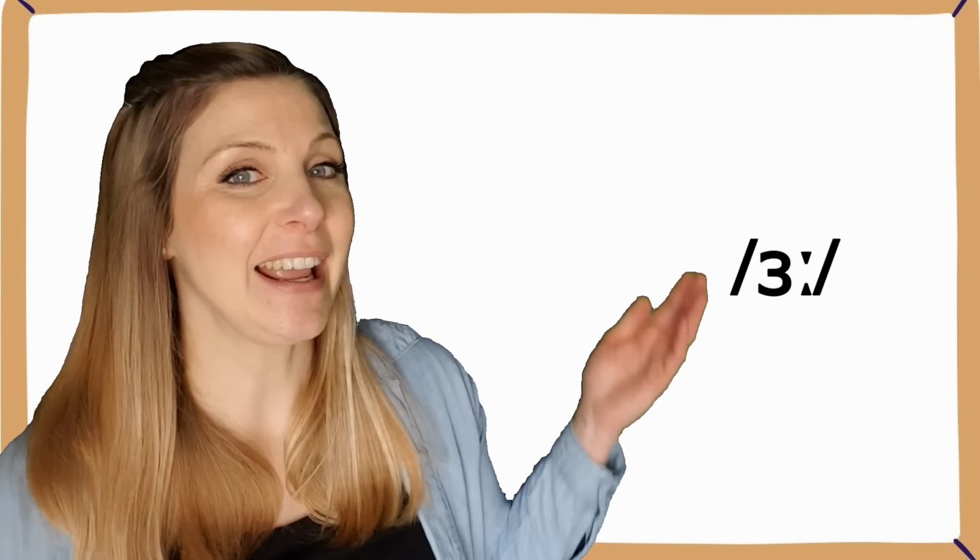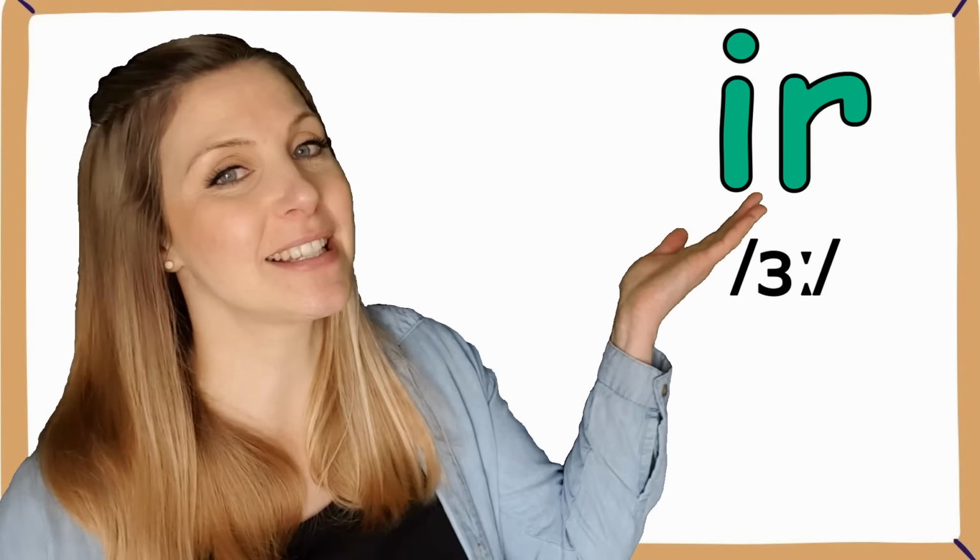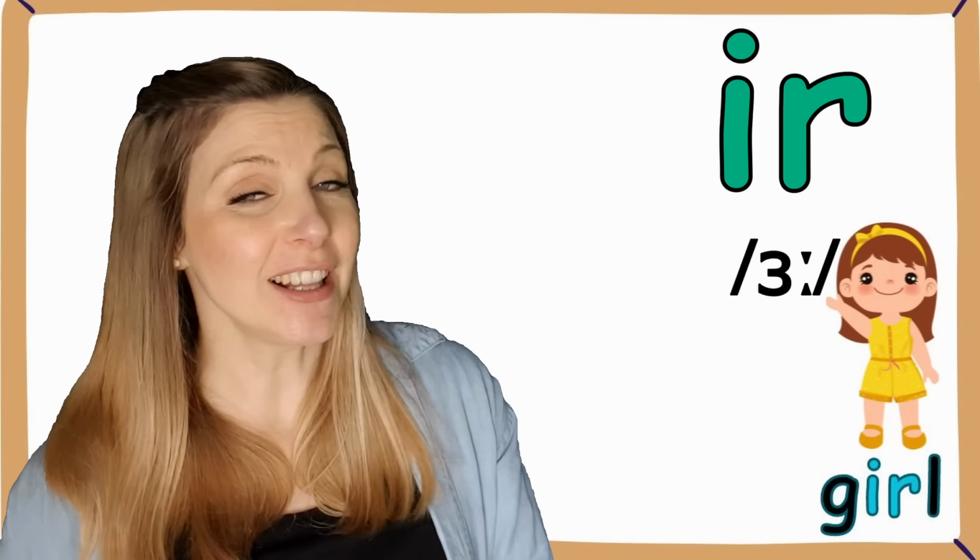The next digraph, which makes the sound er, has actually got 3 different spellings. And I will be making a video about this as well, just about this digraph, because that is so tricky. So we've got the spelling IR, that makes the sound er as in the word girl.